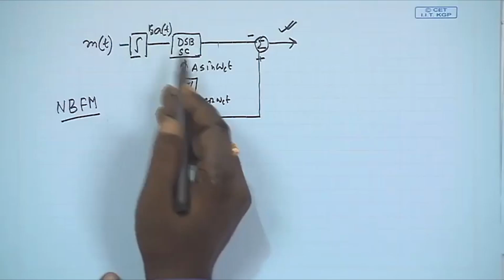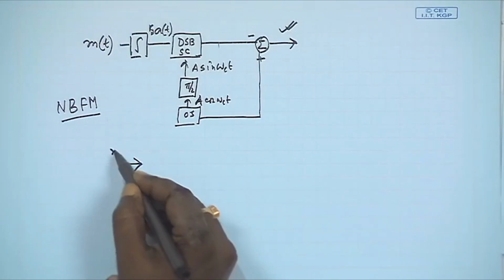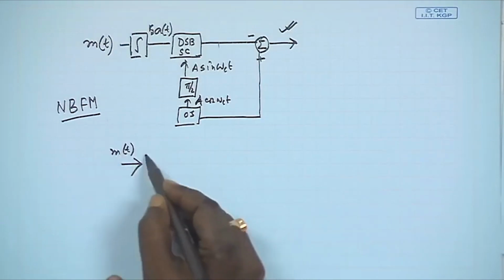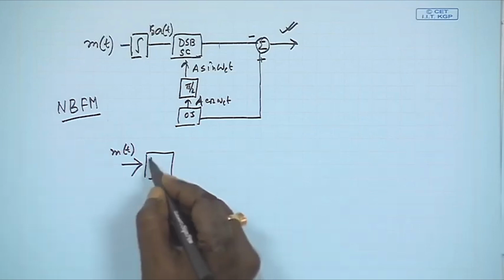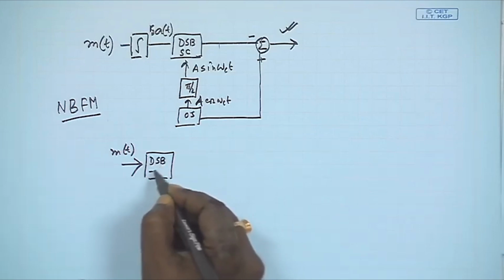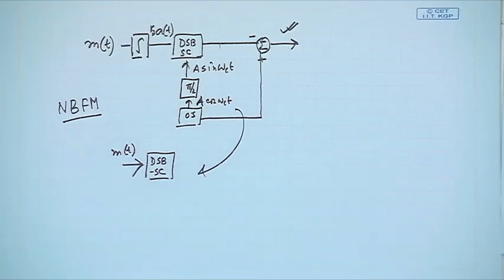Okay. If you have to just do PM, then you do not need this integration also, you directly supply m(t). So, m(t) will be supplied, and that directly goes into this DSB-SC. Okay. Rest of the things are the same, just a duplication of this particular thing.